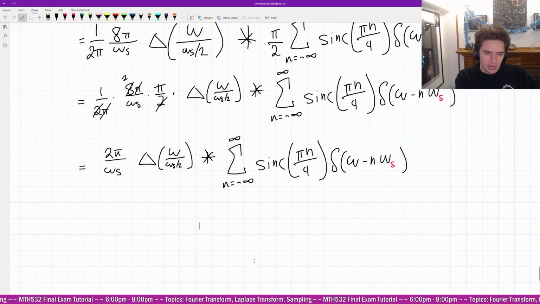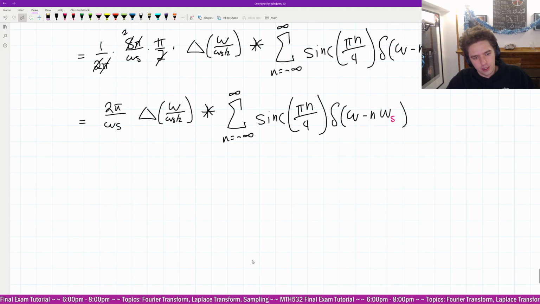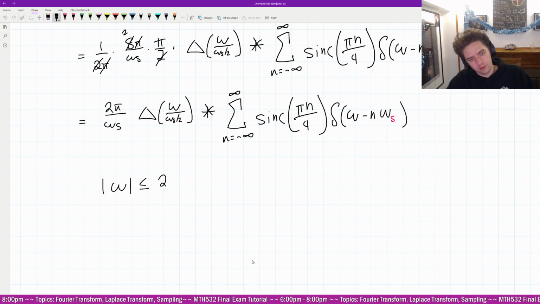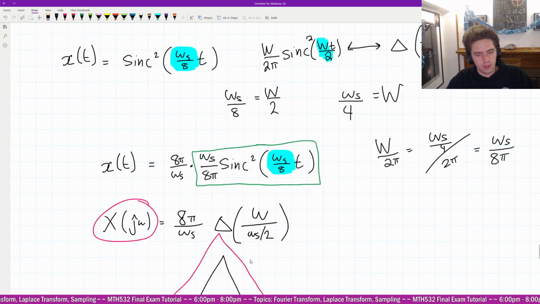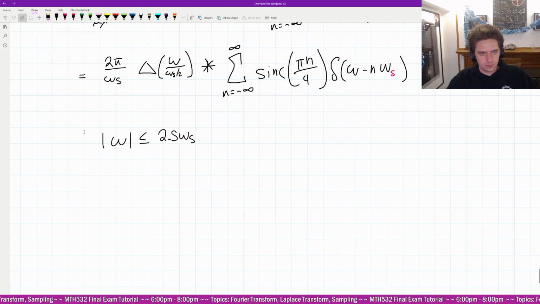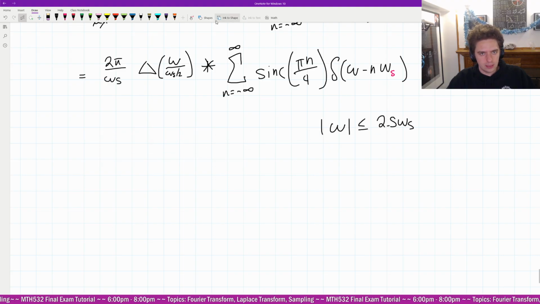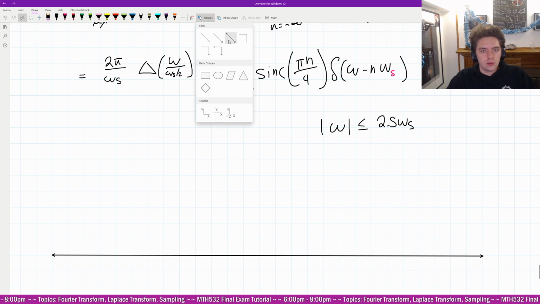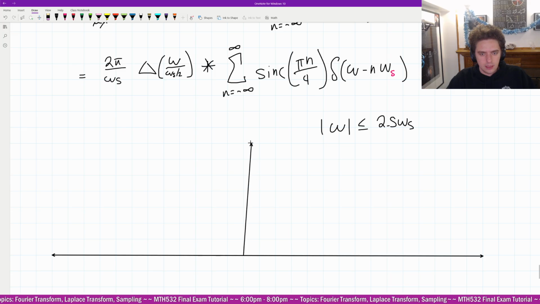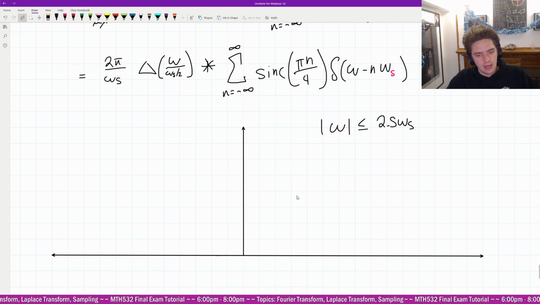Great. So now we've got to plot this, right? We've got to plot this for the absolute value of omega less than 2.5 omega s. That's what it told us. So that means plot this like this. Okay, so this is 0.